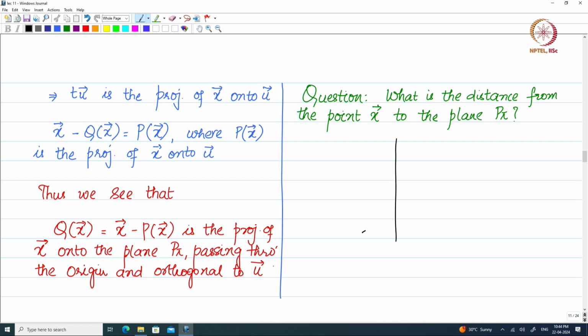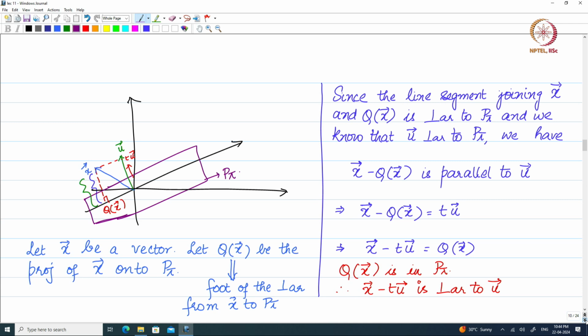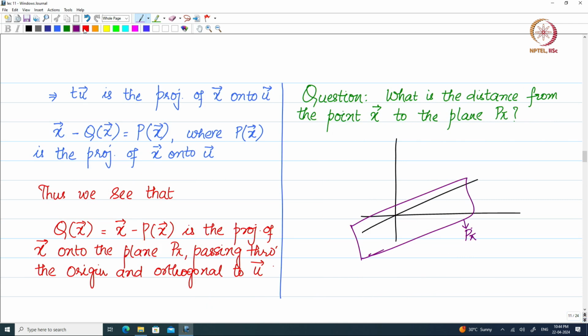We have the coordinate axis and we had the plane p pi, and we had this vector u and vector x. Let us take this to be the vector u.